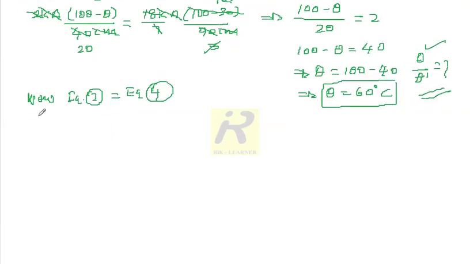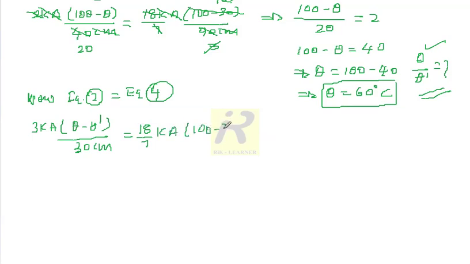Equation 2 says it is 3KA into theta minus theta dash divided by 30 centimeter, which equals 18 divided by 7 K into A, in the bracket 100 minus 30 divided by 90 centimeter. On cancelling KA and KA, all the things on this side simply become 2.